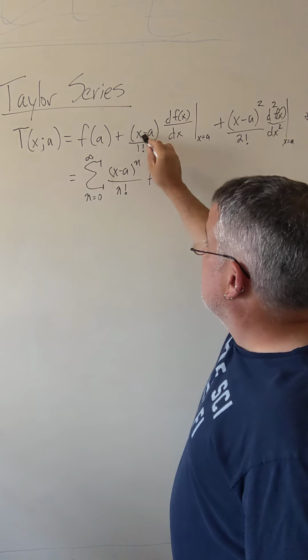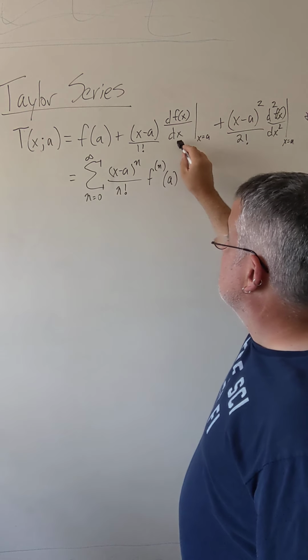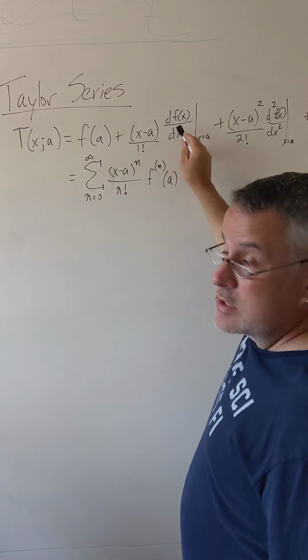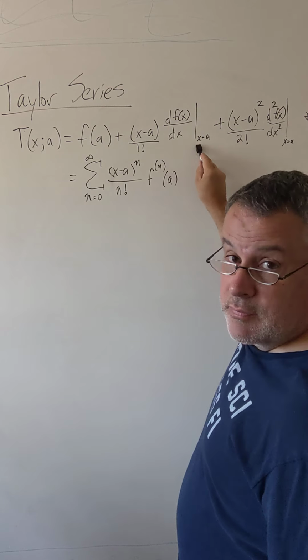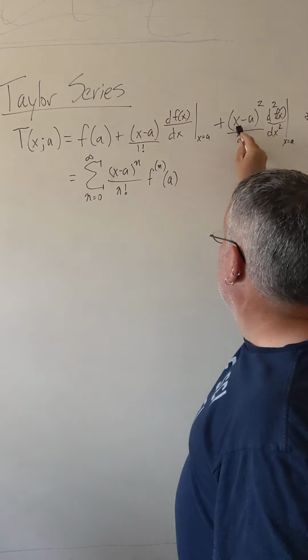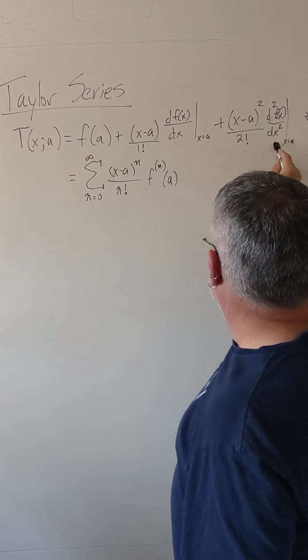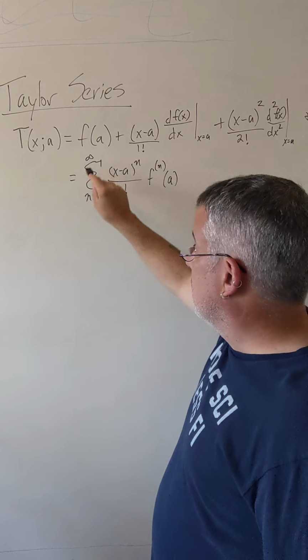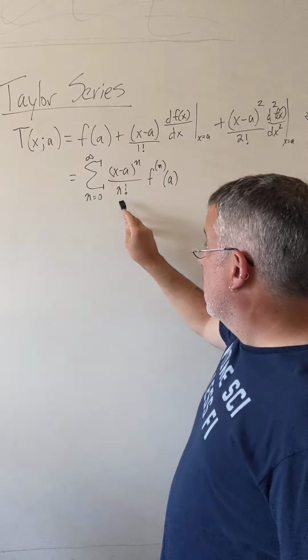Then the second term is x minus a over 1 factorial, which is just 1, times the first derivative of f of x, evaluated at x equals a, and then the next term is x minus a squared over 2 factorial, and so on. This is the way you write it in a more condensed form.